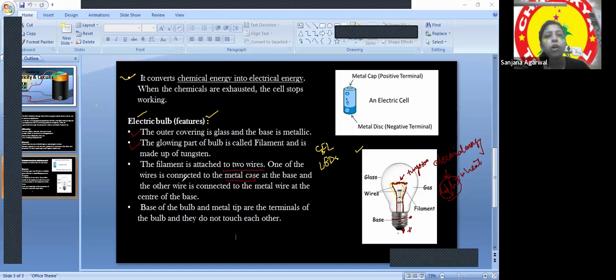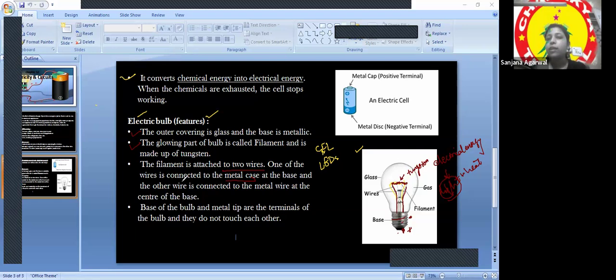If I talk about silver or copper, they are such good conductors that if we pass the current through them, they will allow the complete current to pass through, and they act like transmission material for the current. But tungsten is the material which does not allow the current easily.